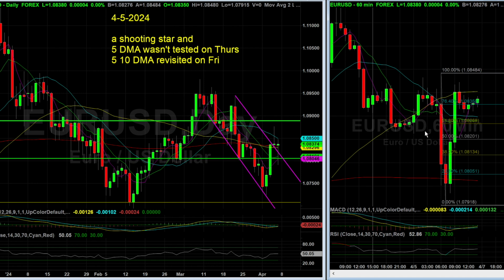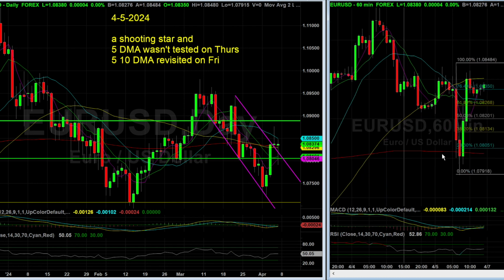And also another slightly bullish sign is the Euro-US dollar 60-minute chart. Now it's trading above 200 moving average on 60-minute. That means it's still slightly bullish. 200 moving average is always the line in the sand.